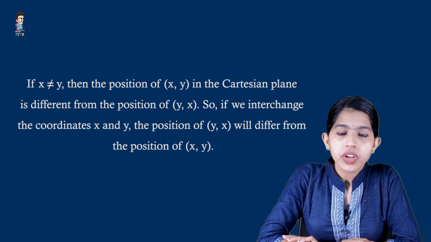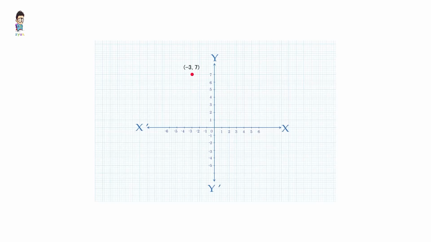Now we will plot some more points on the Cartesian plane. Now we will mark the point -3, 7. Here, this point lies in the second quadrant and the position of this point is as shown in the figure. What about the point 4, 4? Here, both the coordinates are positive.